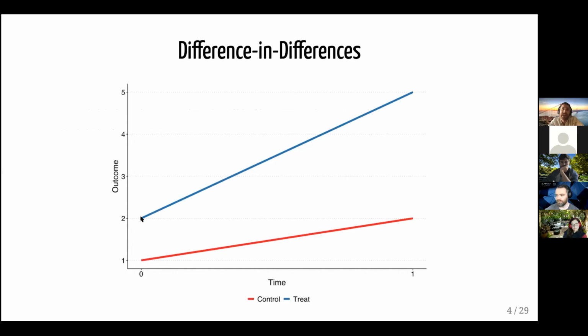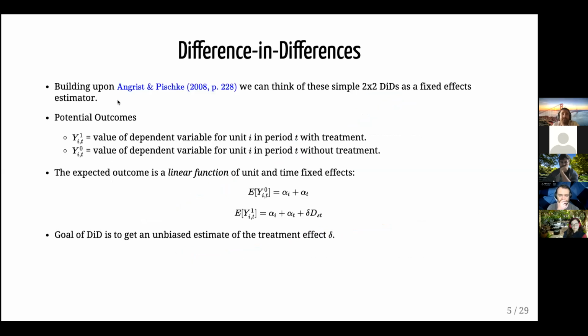And then we have this blue line, which is the change in the outcome variable for the treated unit. And what we want to do is say, what percentage of this change in the treatment unit can't be explained by the change in the control unit. And we're going to then ascribe that to some treatment effect from whatever it is that we're studying.